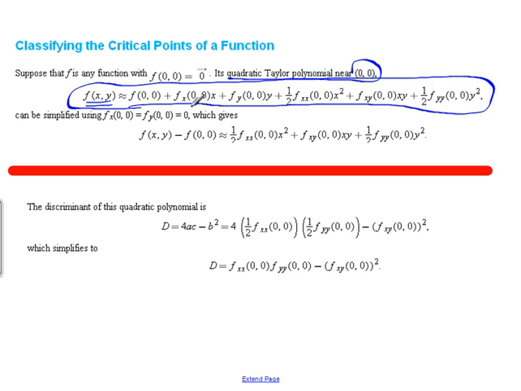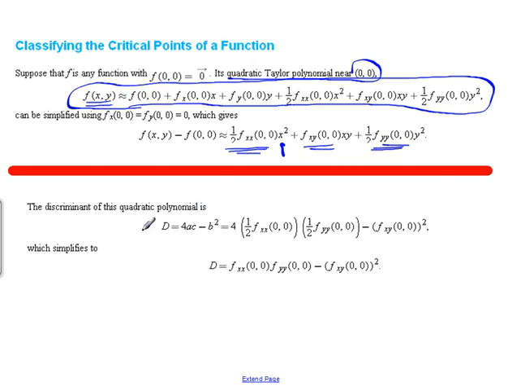What we can then recognize is that this falls into the same type of graph that we were looking at before, where here's my x squared coefficient, here's my xy coefficient, and here's my y squared coefficient.